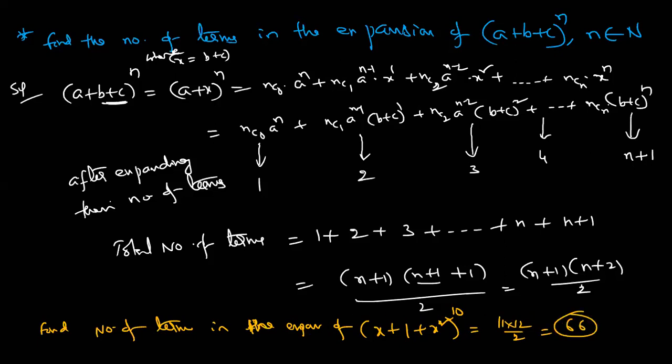There are 66 terms. In this case, some terms are repeating. How to remove that one? Okay, right now. Total number of terms in this expansion is almost 66.